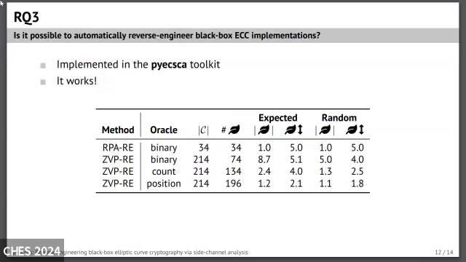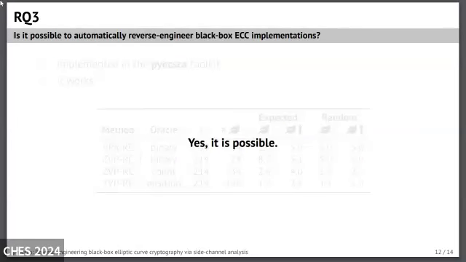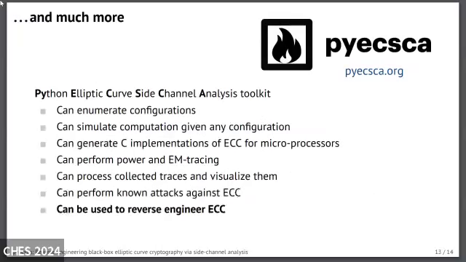The most interesting column, I think, is the expected one with the arrow leaf, which means, on average, how many queries you need to make to get your answer. That's the average depth of the tree. So the answer to this research question is that yes, it's possible. You can automatically reverse engineer black box ECC implementations.